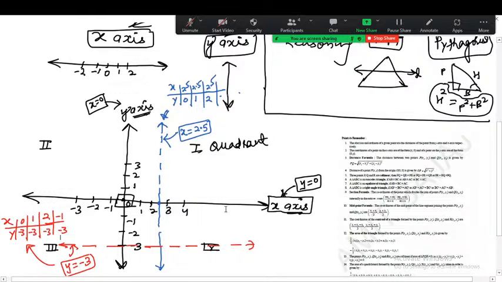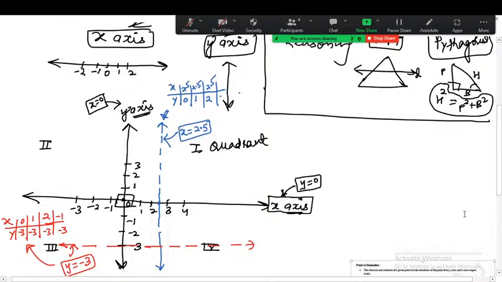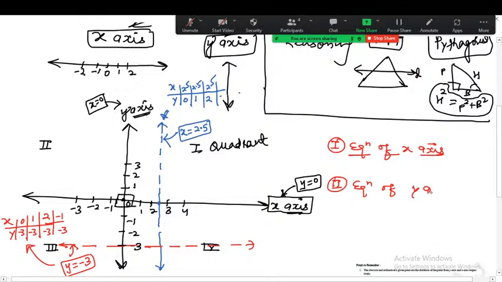Here I have told you four important things that I want you to remember. What are those four important things? The first thing is equation of x-axis. The second important thing that I have just explained here is equation of y-axis.